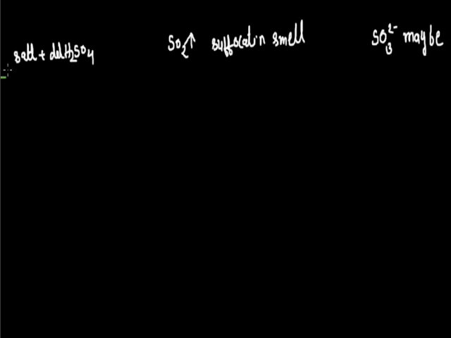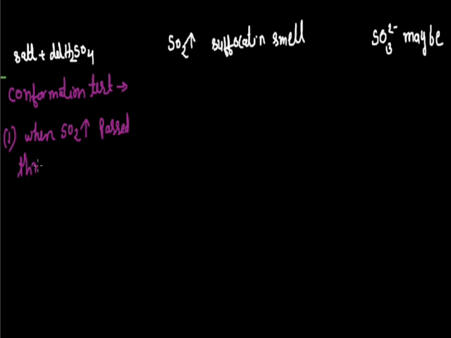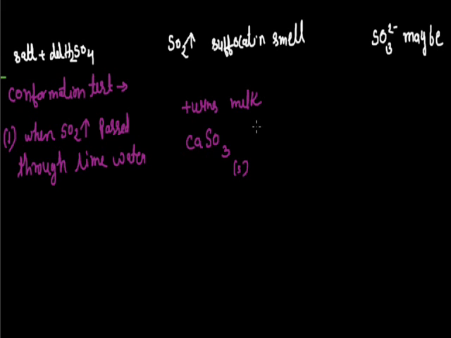Now for that we use the confirmation test. First, when SO2 gas is passed through lime water, like carbonate, it turns milky due to the formation of calcium sulfite, and if excess gas is passed, it becomes colorless due to the formation of calcium bisulfite.